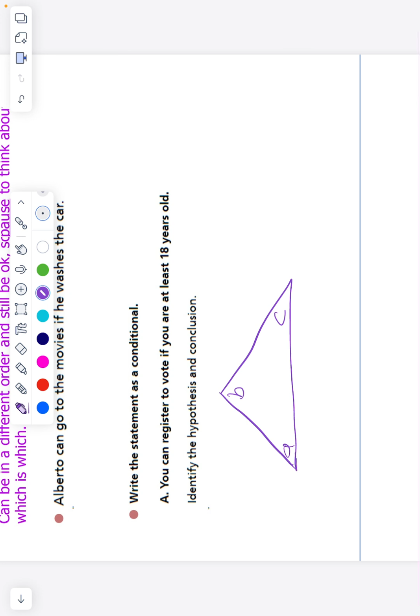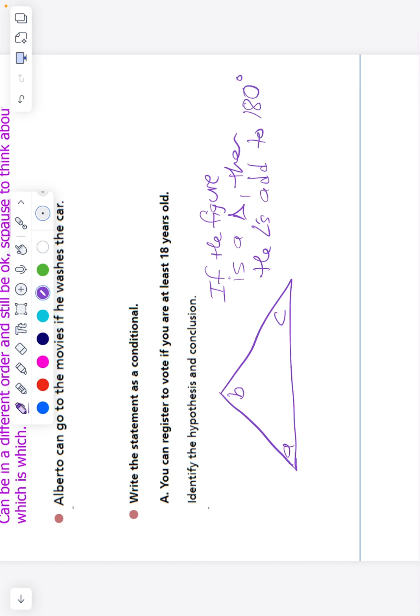Yeah, so it said something like, if the figure is a triangle, I'm going to just draw a triangle for that, then the angles add to 180. That is a typical wording of a theorem in conditional form. If this condition is met, then this conclusion can be drawn. If we have a triangle, then all the angles add up to 180.